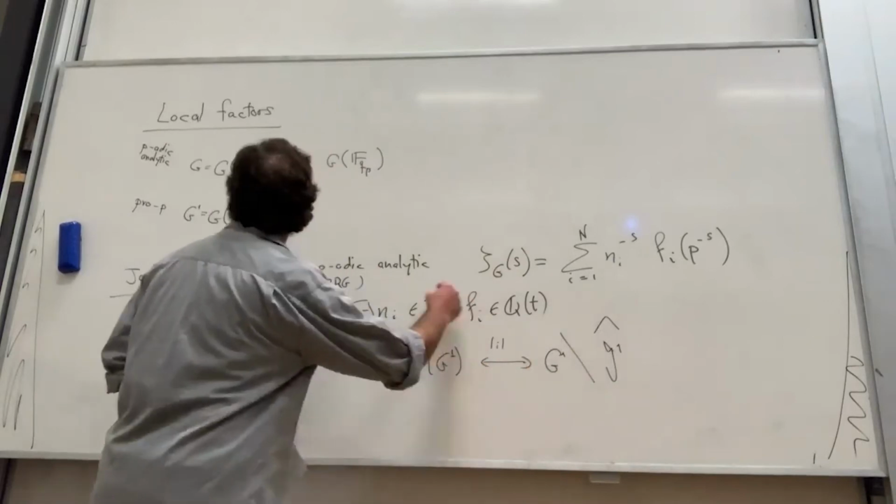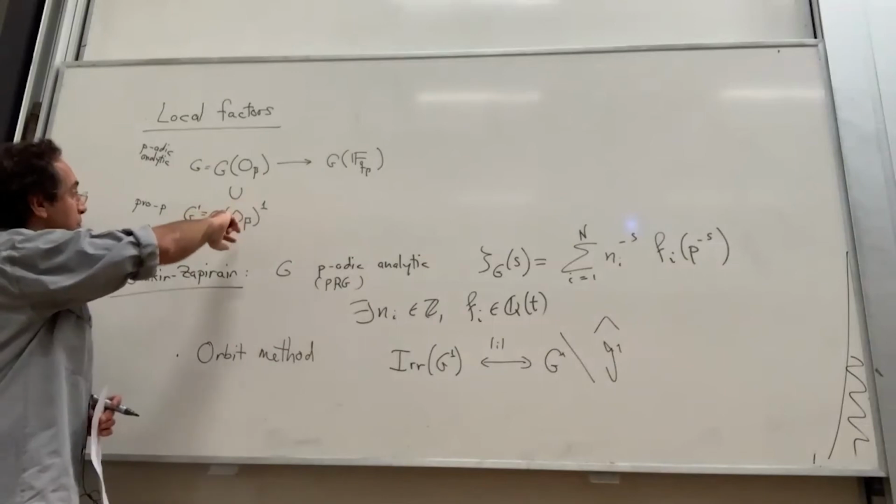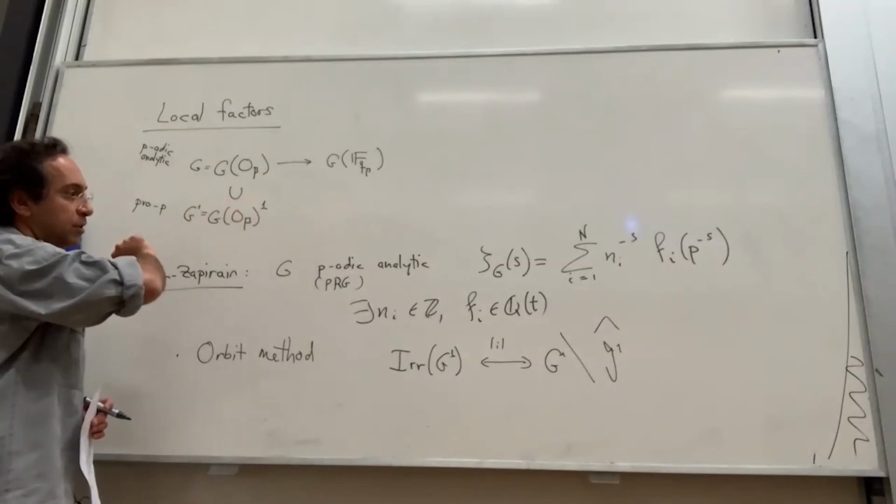So I can apply the log map and get a ring over the ring of integers, the local ring of integers.